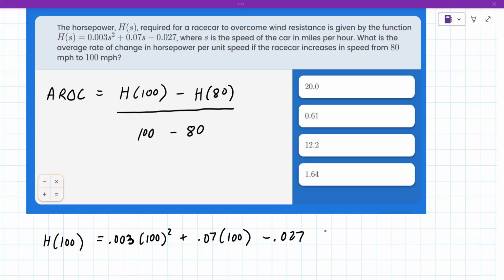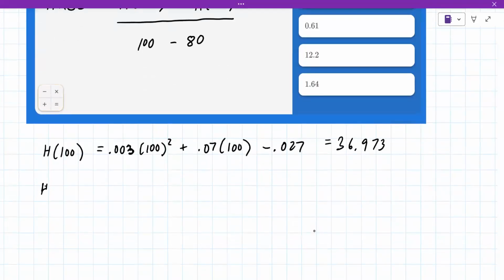Good. Okay, now you're going to do the same thing. 36.973. You will do the same thing for 80. So go ahead and do that and give me your final answer.